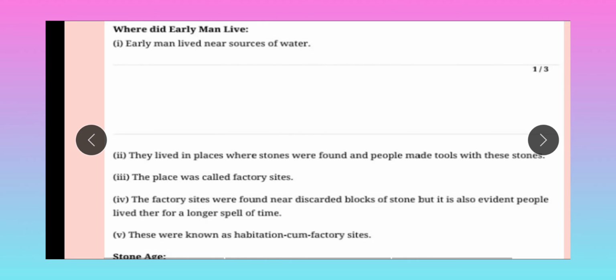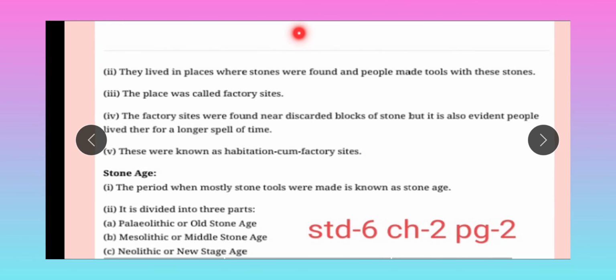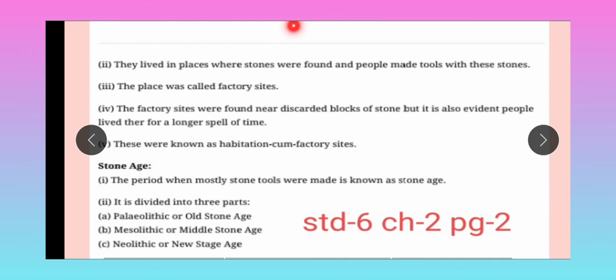Where did early men live? Early men lived near sources of water. Second one, they lived in places where stones were found and people made tools with these stones. Third one, these places were called factory sites.